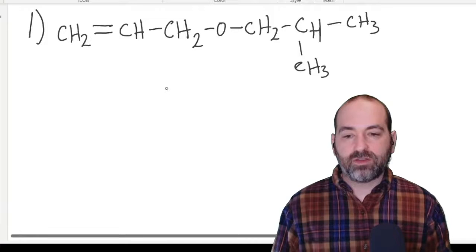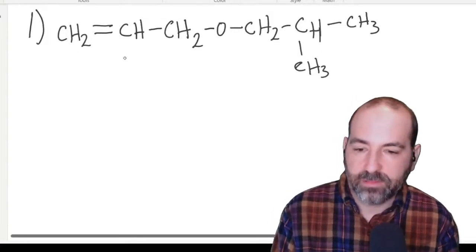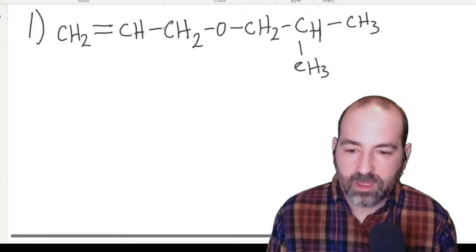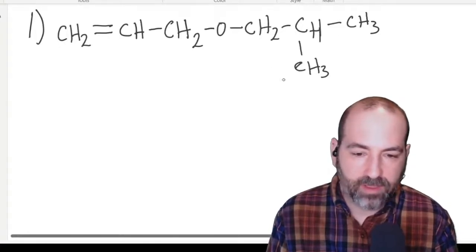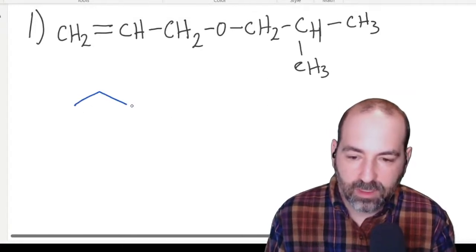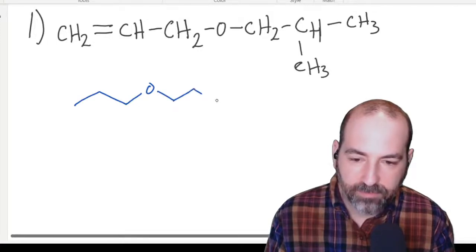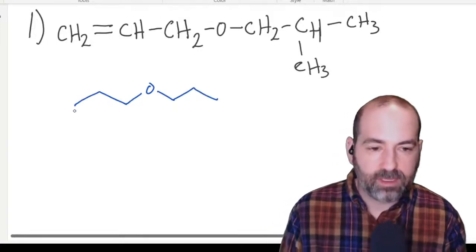Now if we want to make a line structure from that, we can think about how long of a chain we're going to have and what types of elements are in there. So I see 3 carbons, then an oxygen, then 3 more carbons, and then we've got this extra carbon coming off this way. So I'm going to go 1, 2, 3, then an oxygen, then 3 more. And then I'm going to just count them again to make sure I've got it right.